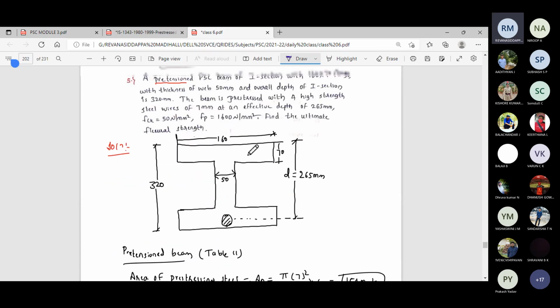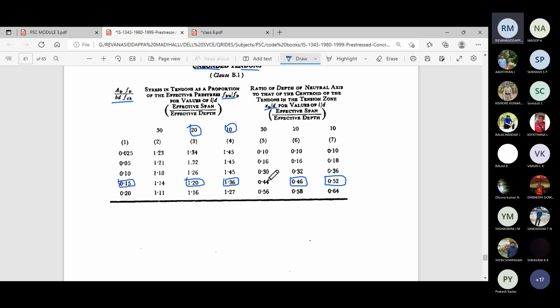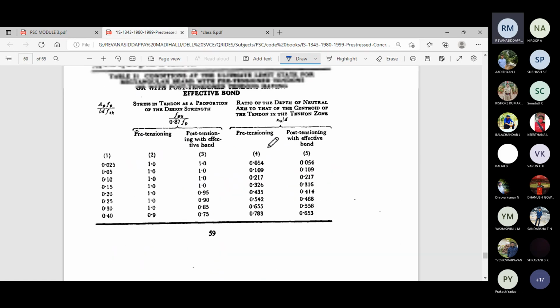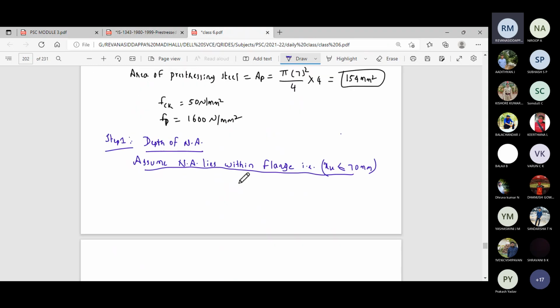What is the flange thickness given? 70 is the flange thickness given. So depth of neutral axis xu is less than or equal to 70 mm. This is the assumption we made. Now, assuming the neutral axis lies within the flange, we will find the ratio xu by d. Knowing the xu by d ratio, you will get the value of xu. Then we can decide whether the depth of neutral axis is lying in the flange or not. Correct?